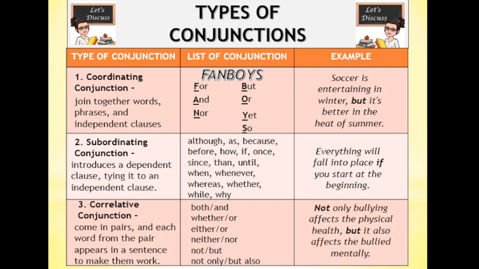Not only does bullying affect the physical health, but it also affects the bullied mentally. The first sentence, not only bullying affects the physical health, was combined by the use of not, and the second one, but it also affects the bullied mentally, is the second sentence. So we combine them using the correlative conjunctions not and but.